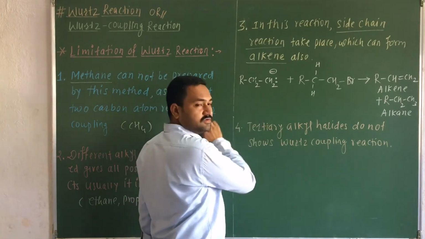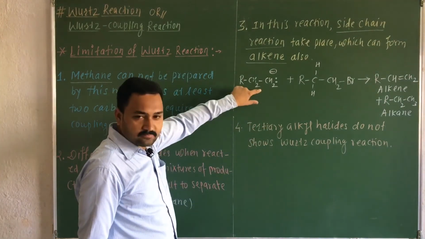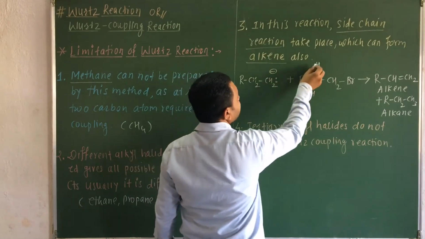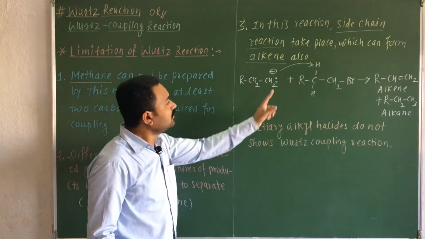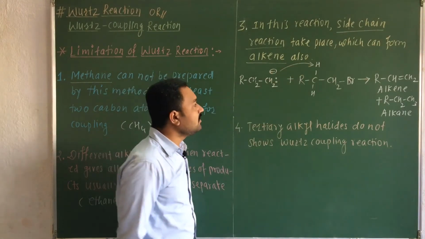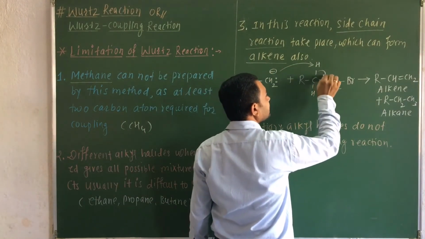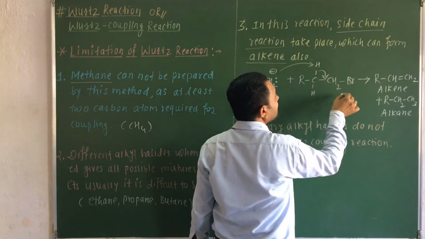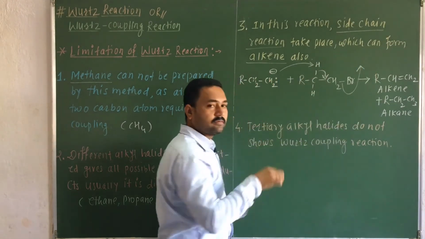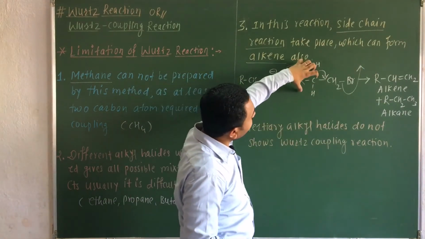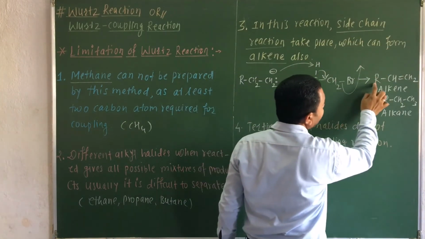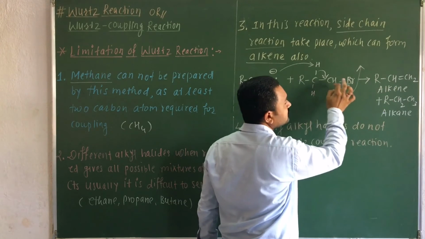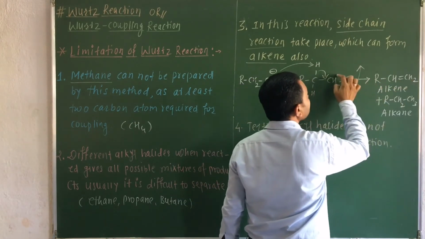Remember, this is your alkyl anion. If this alkyl anion abstracts this proton by donating its lone pair of electrons to this proton, now this bond can be shifted here and this bromine can leave from this molecule. So this particular molecule will convert into the alkene, that is RCH single bond converts into the double bond, and this is your CH2 group.